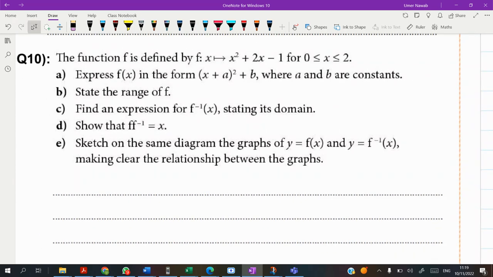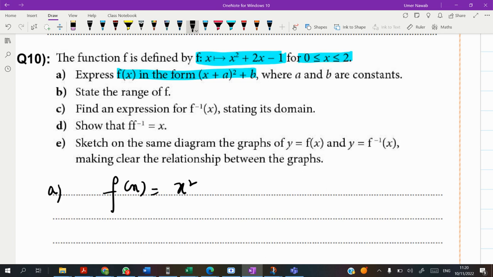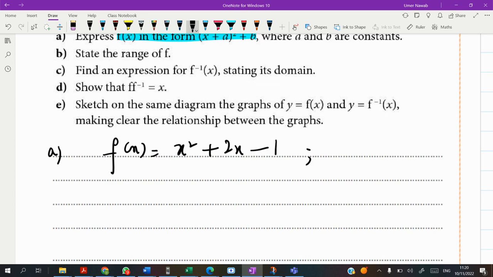Now he gave you a quadratic function, and the domain is from 0 to 2. We need to convert it into completing the square form. Let's study how to write the completing the square form. The function is x squared plus 2x minus 1, and the domain is from 0 to 2.